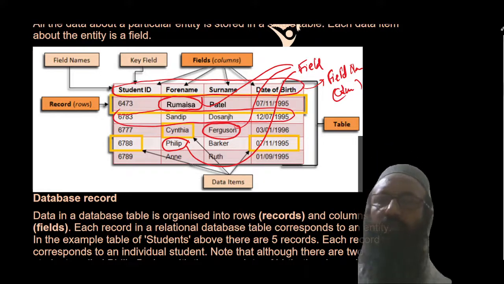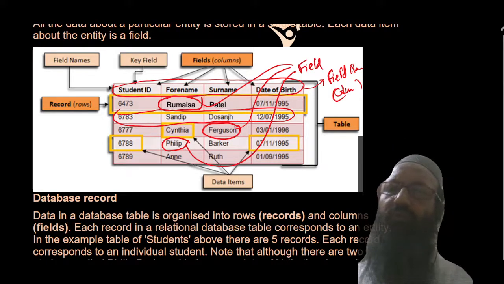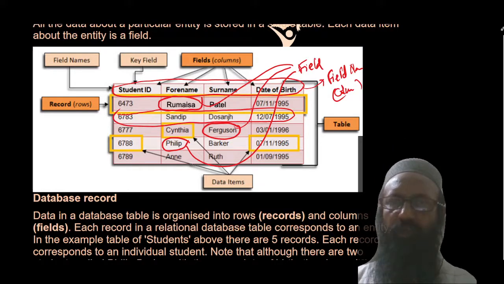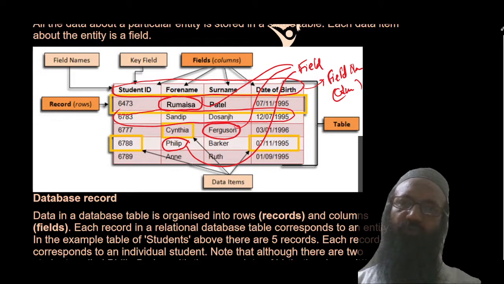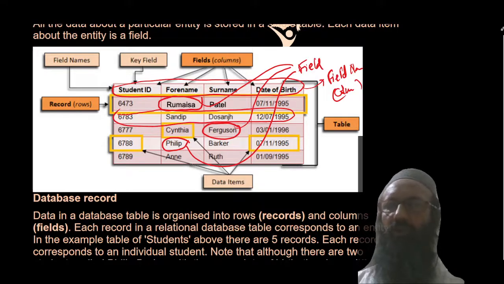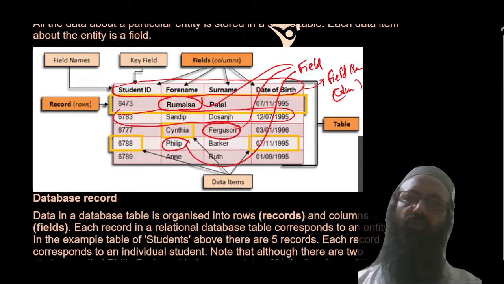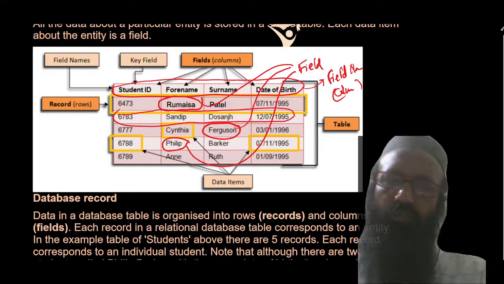For example, here we can observe that we have stored records of 5 students: Rumesa, Sandeep, Cynthia, Philip, and Anne. About each student, we have stored 4 pieces of data. For example, for Rumesa, the student ID is stored, first name is stored, surname is stored, and date of birth is stored.